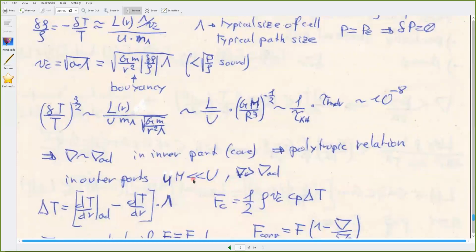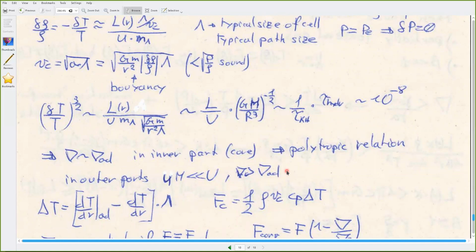In the outer part, we cannot do this approximation anymore, so the gradient will be higher. In fact, it's more complicated to elaborate the convection in the outer layer than in the inner part.